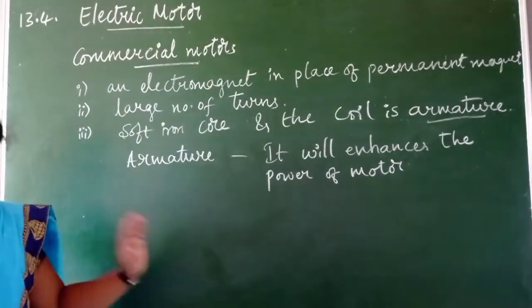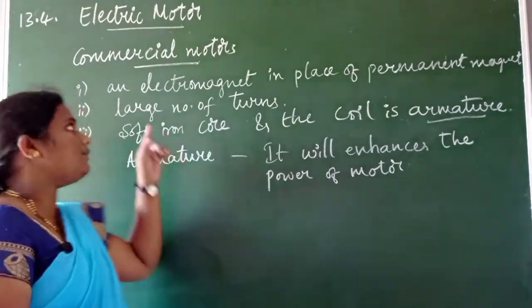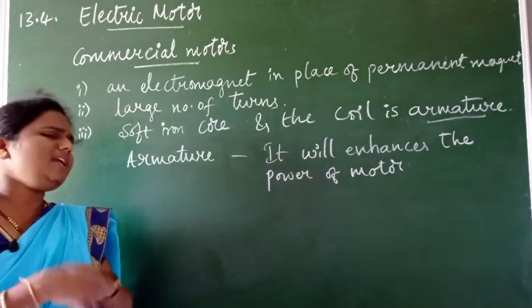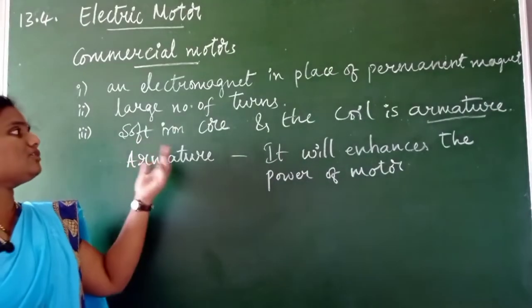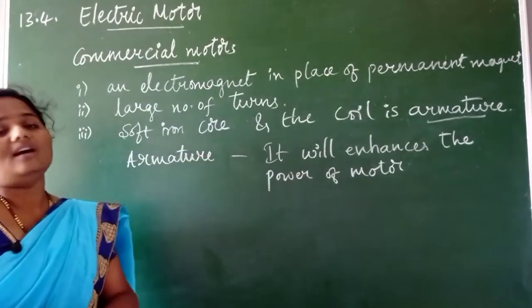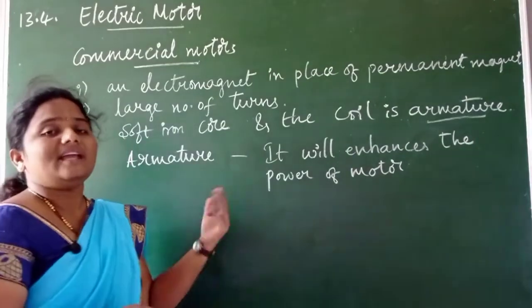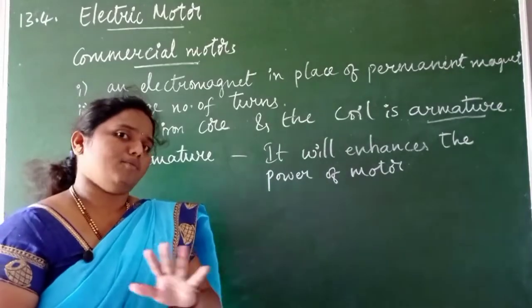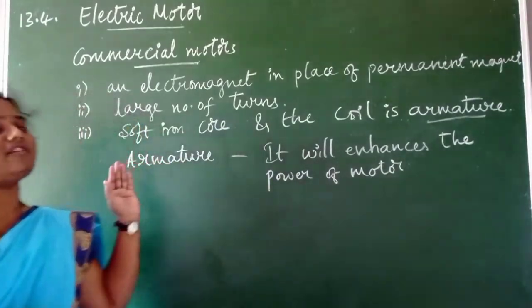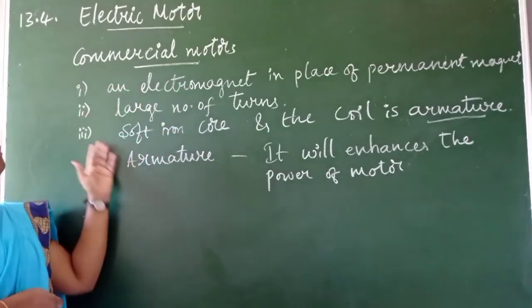So in order to make a commercial motor, first, children, instead of permanent magnets we have to use electromagnets, and we have to wind many turns on a coil, and similarly we have to insert the soft iron core and coil, that is armature, and this helps in increasing the power of an electric motor. Got it, children? What does a commercial motor consist of? An electric and commercial motor consists of all these things.